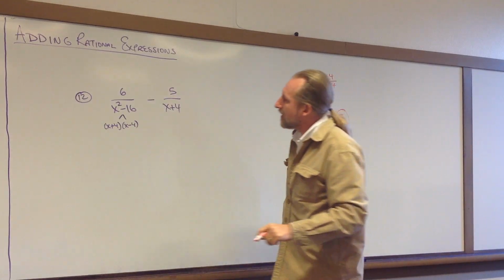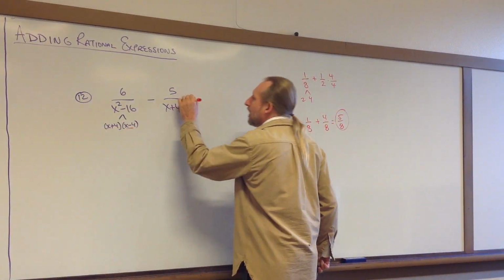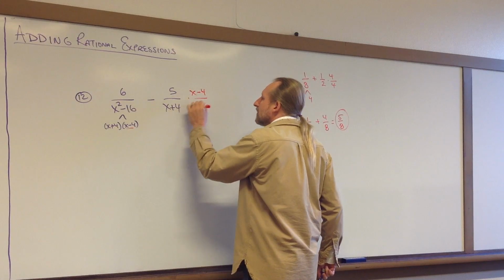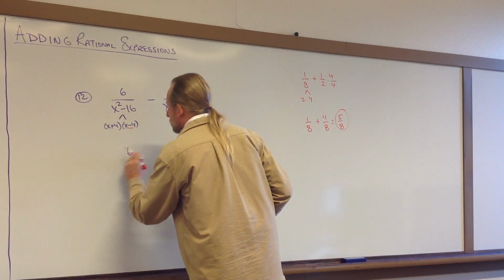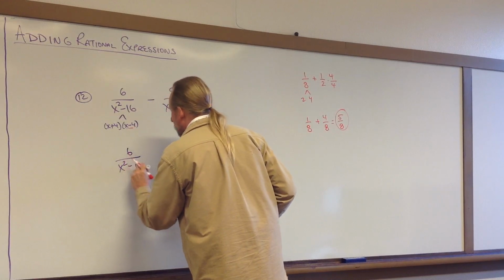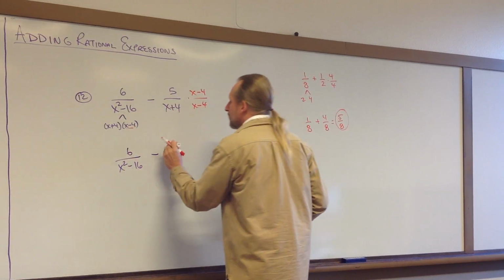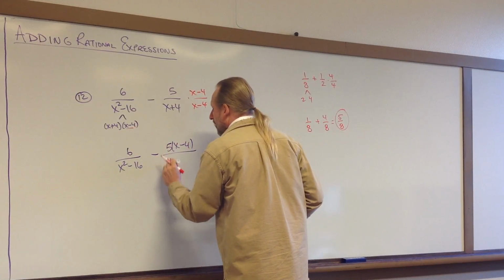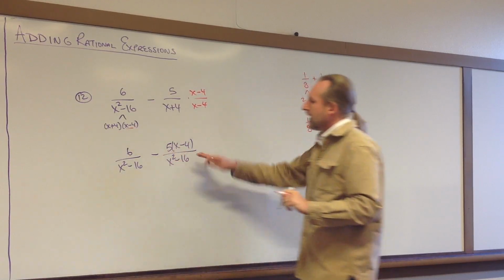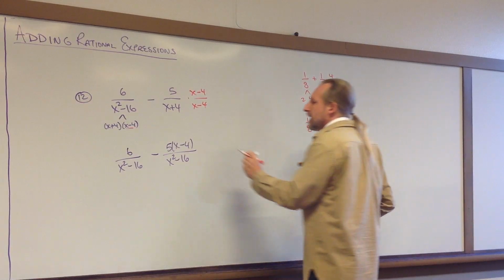So that means here we need to multiply by this missing factor over itself. This fraction stays the same, 6 over x squared minus 16. This will be minus 5 times x minus 4. Okay, now they have the same denominator.